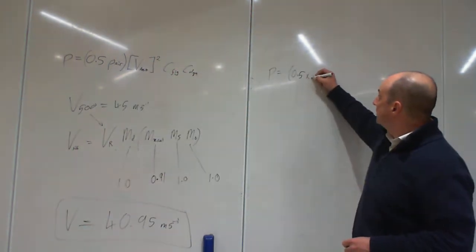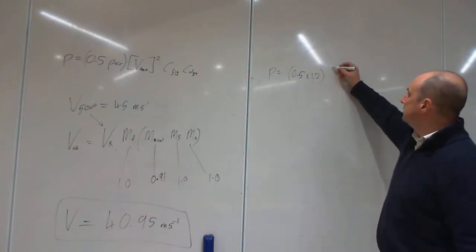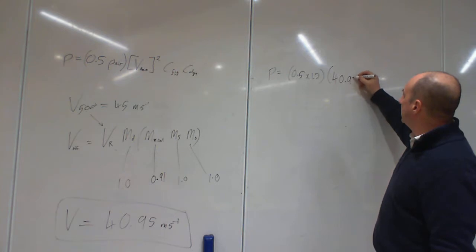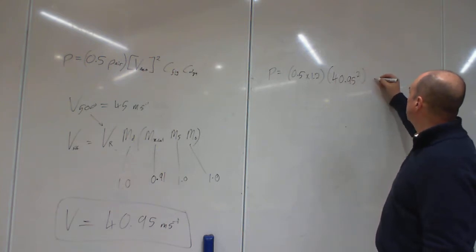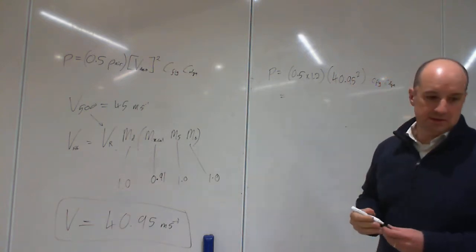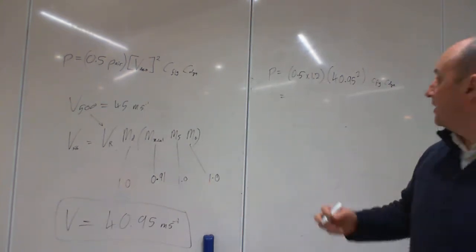So 0.5 times 1.2, which comes out at 0.6, times 40.95 squared, C fig, C dyn, and that equals 40.95 squared times 0.6.